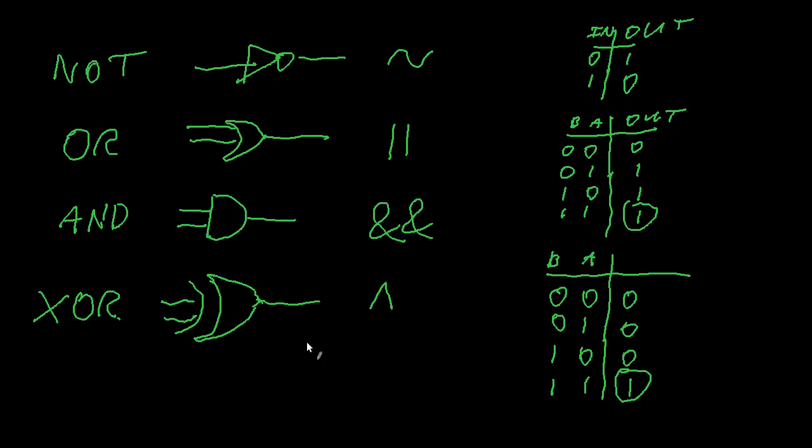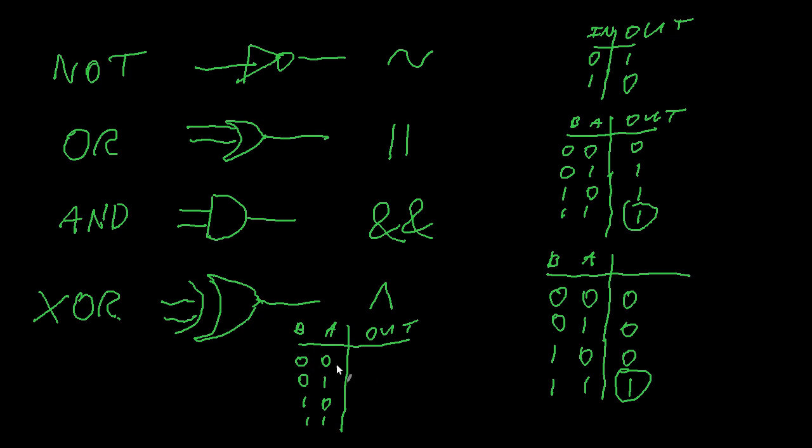And the truth table, let's get it in over here. So we have, to write a little smaller, I guess. Okay. We have 0, 0, 0, 1, 1, 0, 1, 1. B, A, out.